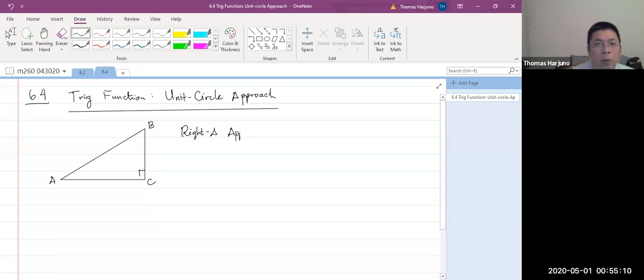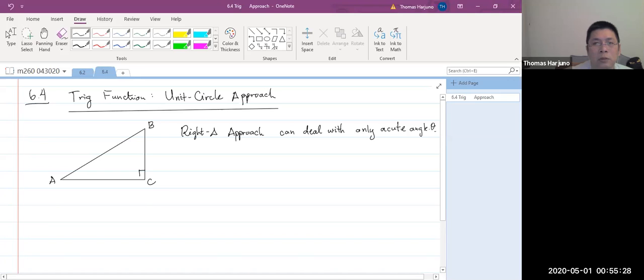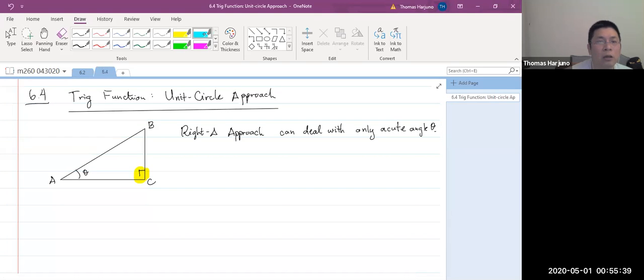Right triangle approach can deal with only acute angles. The theta we use only for acute angle. Well, because you start from a right triangle. If you have a right triangle, then the other two angles have to be acute.